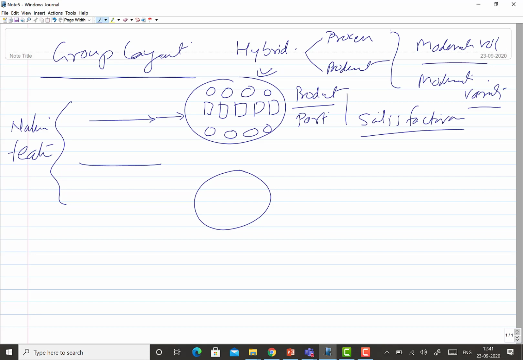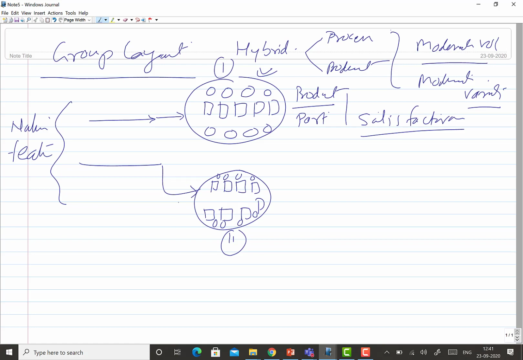Likewise, this is cell 1, and then there is another cell having another set of facilities and another set of workers. They will be working on these facilities. They are responsible for the things being done.